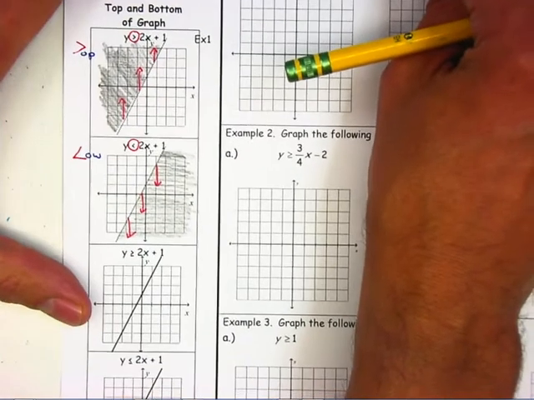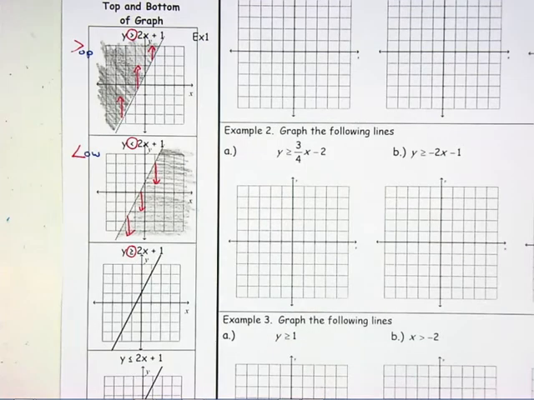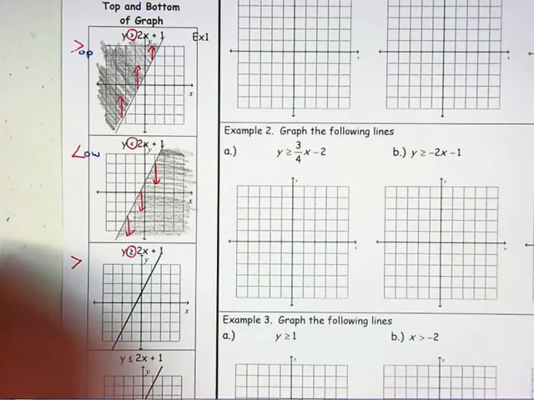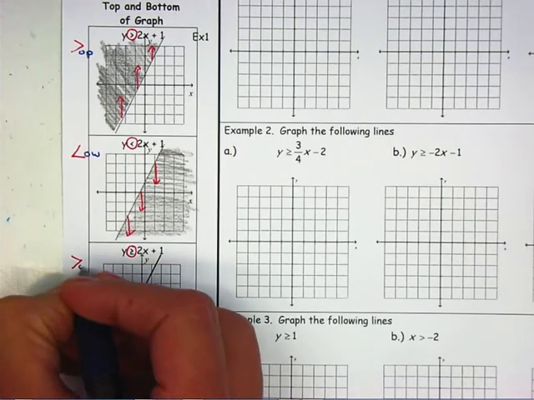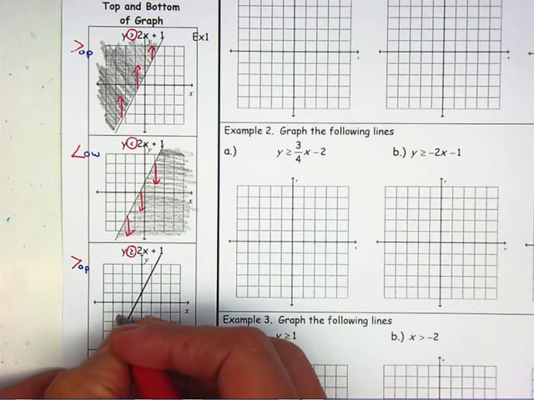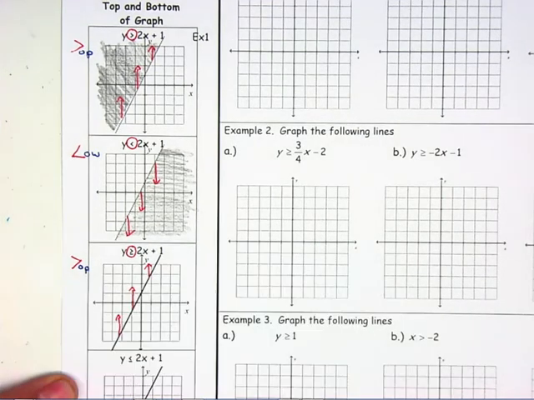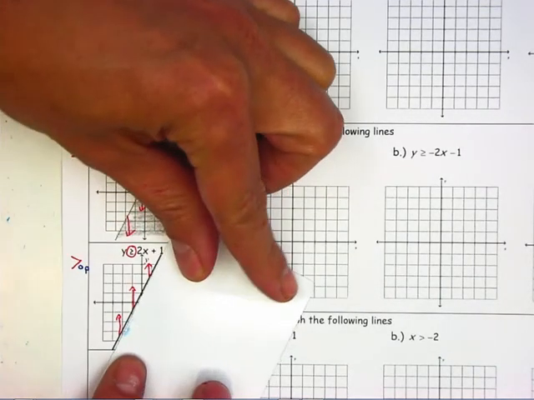For the next one, if it says greater than, that means that's going to be the top section. So I'm going to make arrows going up, 1, 2, 3, because we're going to shade the top section.